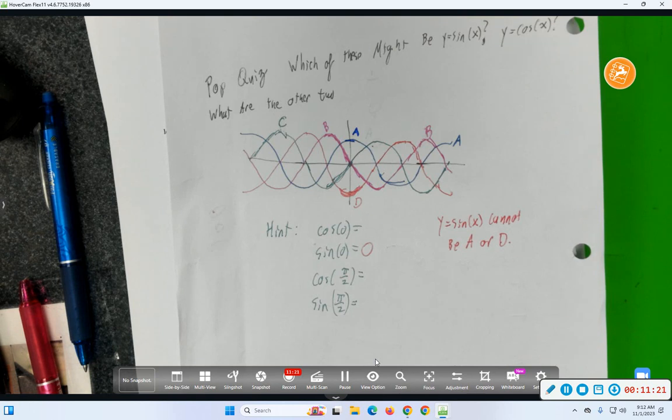All right. What's something else you know about sine? Possibly by looking at your unit circle, what is another value you know that sine takes?